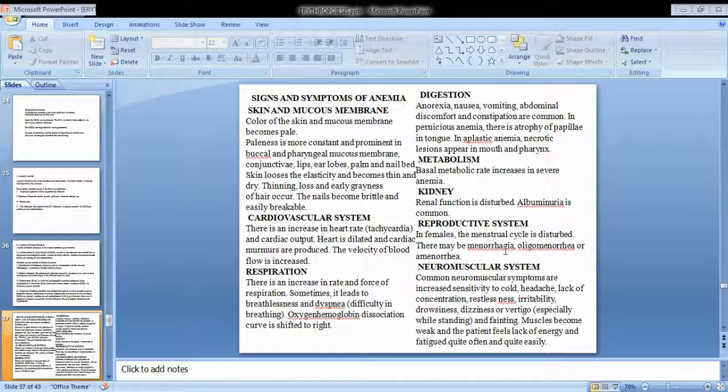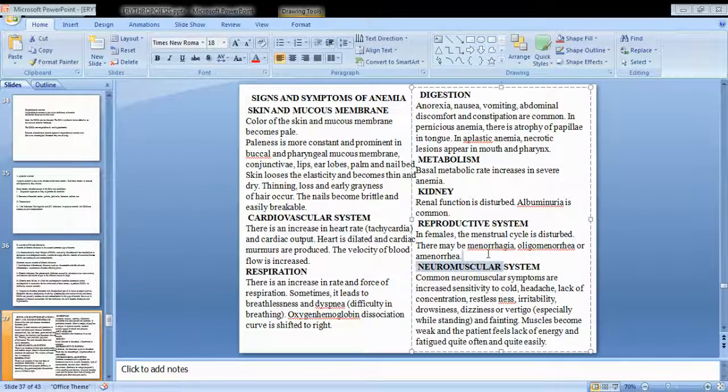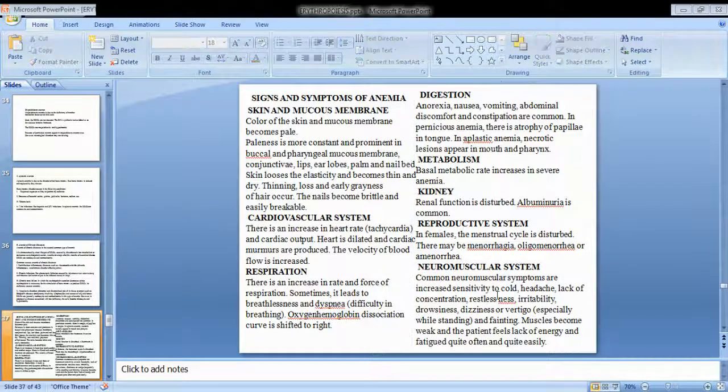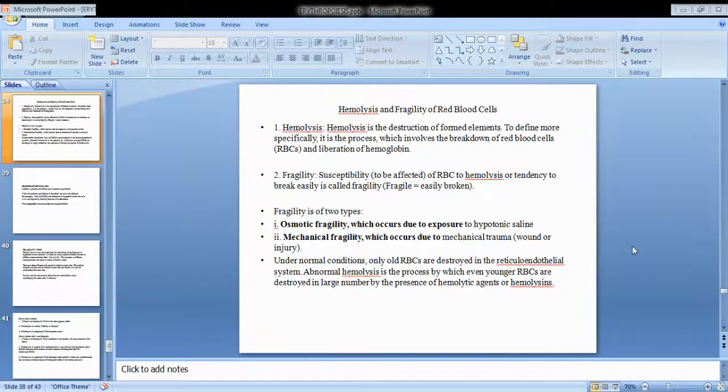What does it mean? The amount of blood that is excreted also will get affected. Then the neuromuscular system gets affected. They will show symptoms of dizziness, irritation, drowsiness, vertigo, fainting, fatigue. All this will happen. So these are the conditions.